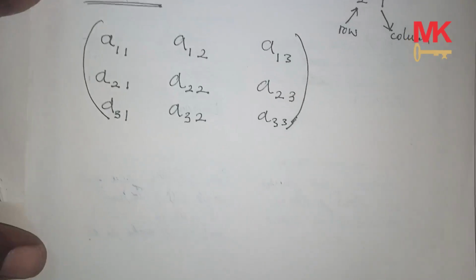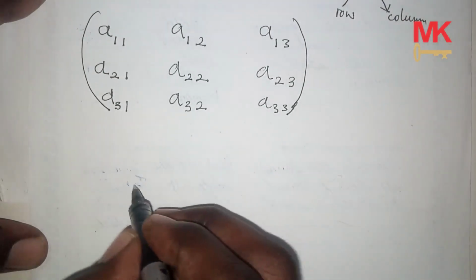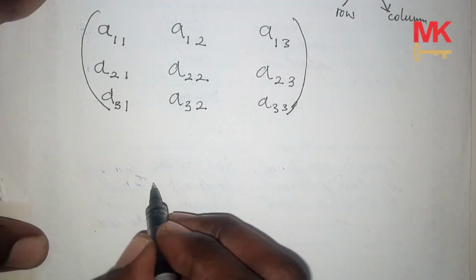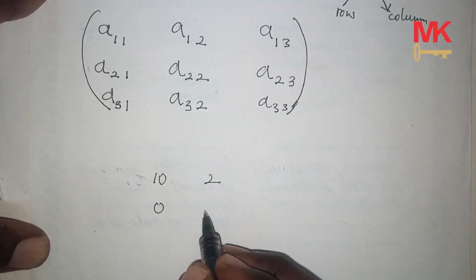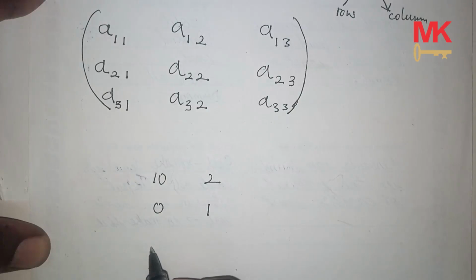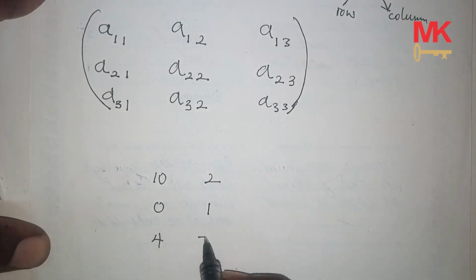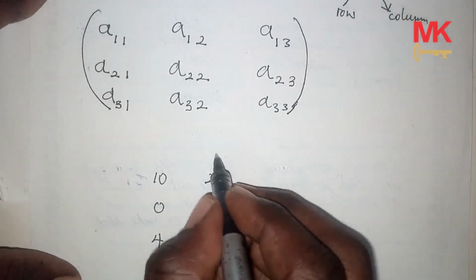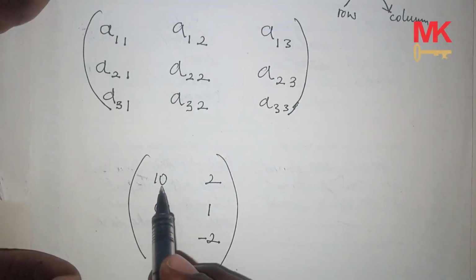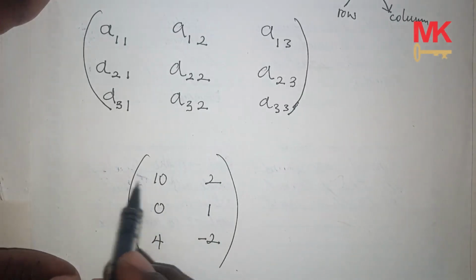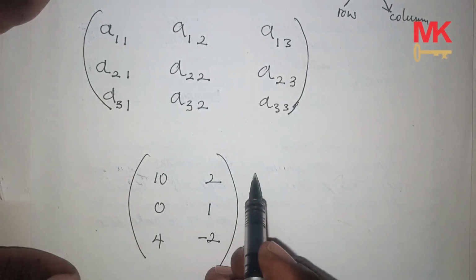Now, if we take a look at this matrix, for instance, let's say 10, 2, 0, 1, 4, minus 2 in the bracket. What is the position of this element here? So this is always A11. So the first element is in A11. This is A12.